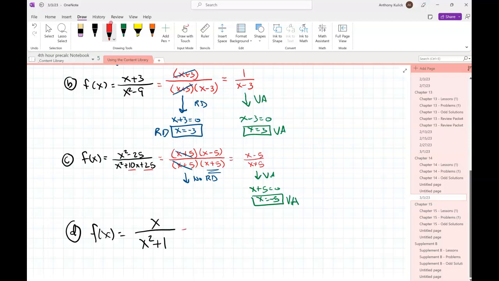No, that's just the way it is, right? Can I factor x squared plus 1? You can't. It's not a difference of two squares, because it's not x squared minus 1. That we could factor. Here, we have x squared plus 1. There's not two numbers that multiply to give us 1 and add to give us 0. At least not two rational numbers. So there's nothing we can do there. So it is reduced. There's no removable discontinuity.